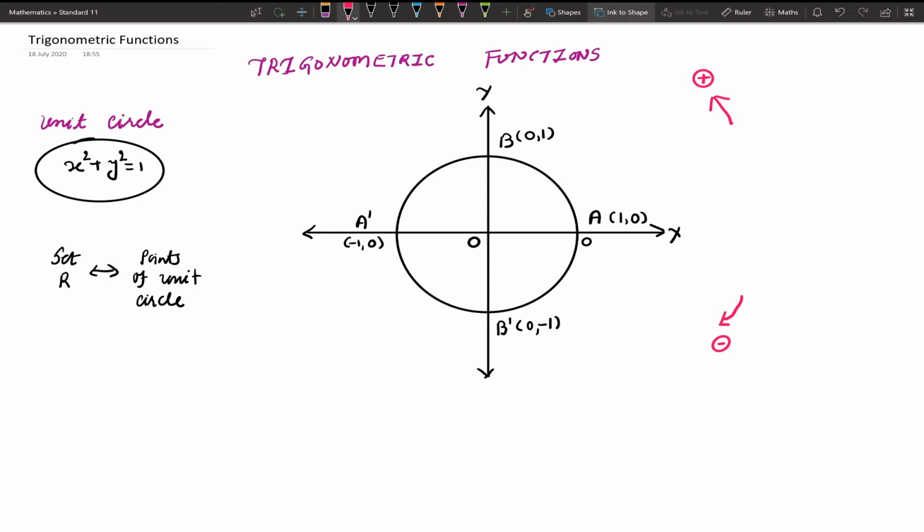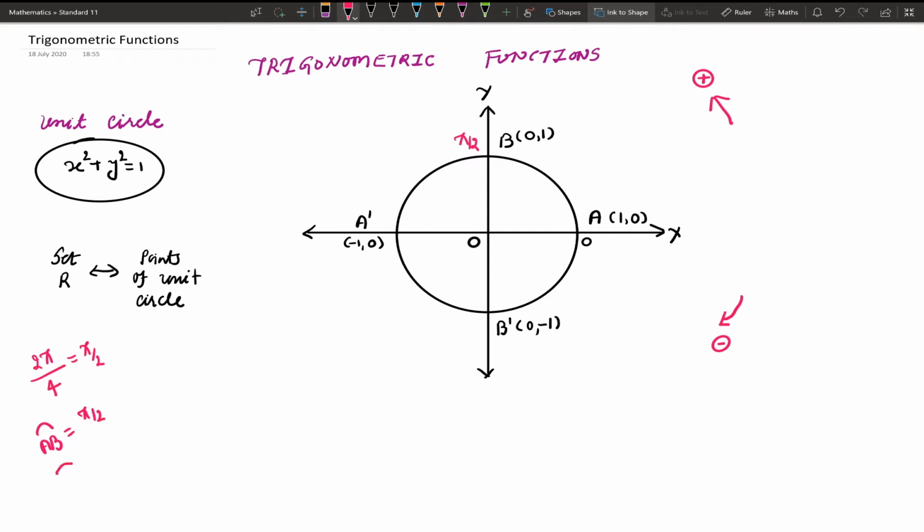For entire circle, circumference is 2 pi, so divide it by 4. So length of arc AB, naturally it will be pi by 2. Total length of circumference is 2 pi, divided by 4, so it will be pi by 2. So length of arc AB equal to pi by 2.